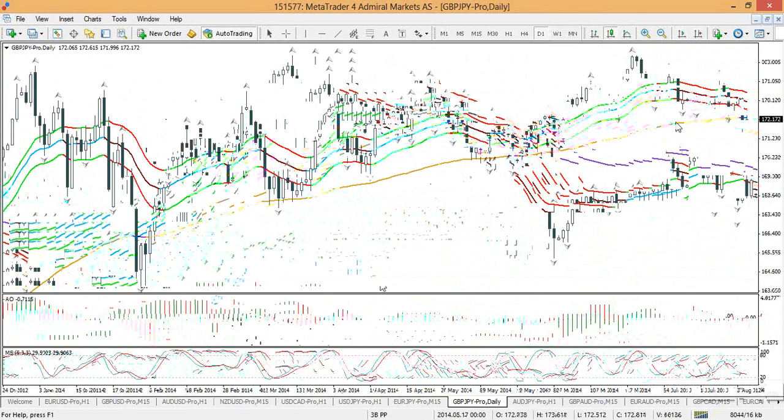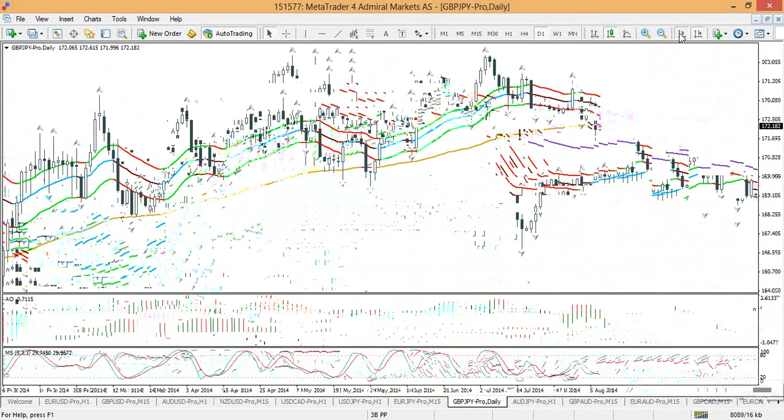So this is another crucial moment. If we do break below it, which I wouldn't be surprised if it finally does. It has been above it for 2 years, so it would be strange if it wouldn't. Then that could, of course, see some interesting potential for some downside.